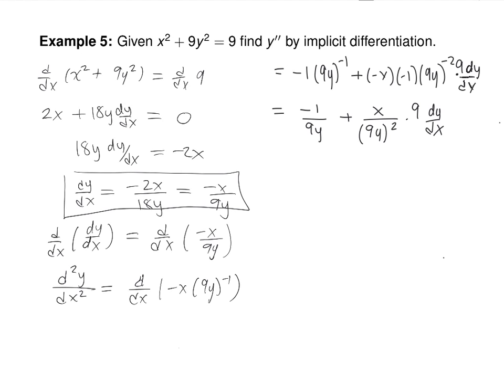I got rid of the negatives, yep, because the negative and a negative makes positive. Okay. Before I started doing this, I just pulled the negative 1 over 9 out and did. Oh, that also works. Yep, that's a good strategy.